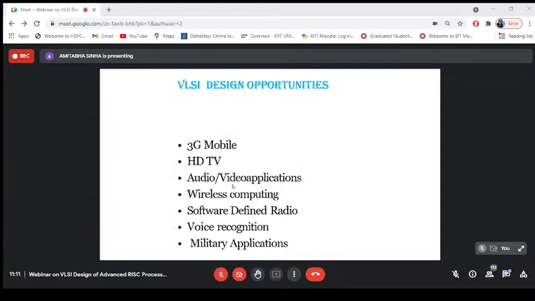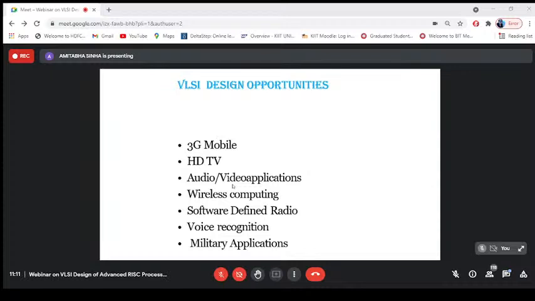So what are the VLSI design opportunities? If we just look at the VLSI world, we will find, right from 3G mobile to high definition televisions, audio video applications, wireless computing, software-defined radio, voice recognition, military applications, medical applications, and whatnot.